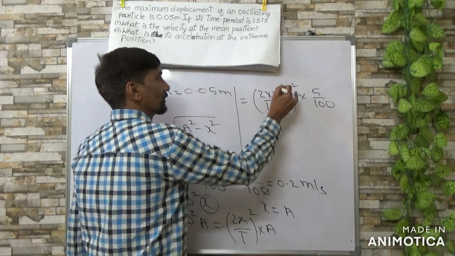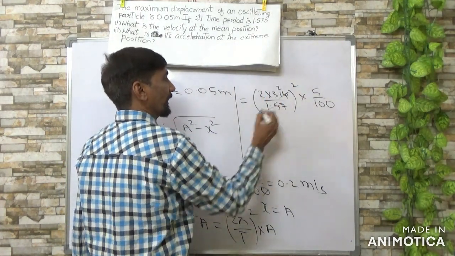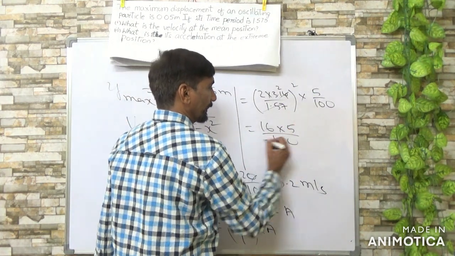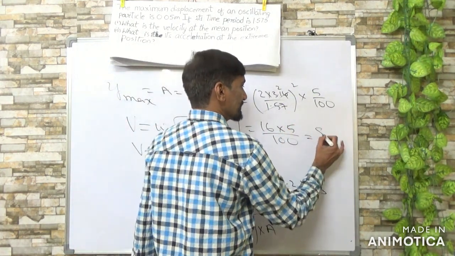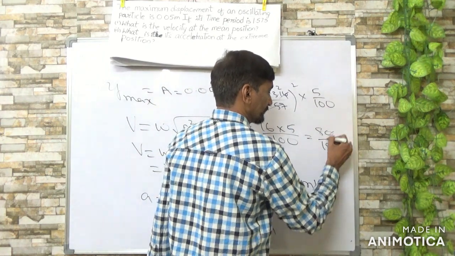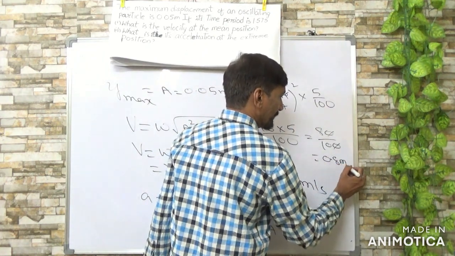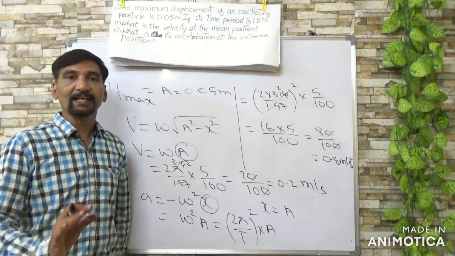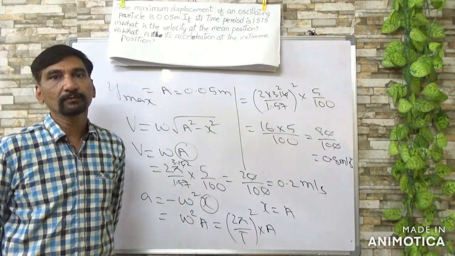So this divides 2 times, 2 square, nothing but 4 square is 16, into 5 by 100. So 16 fives are 80, so 0.8 meter per second square is the acceleration.